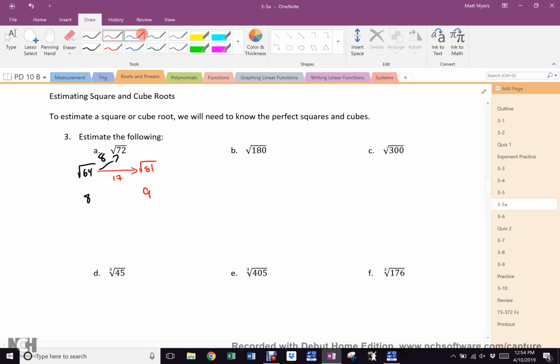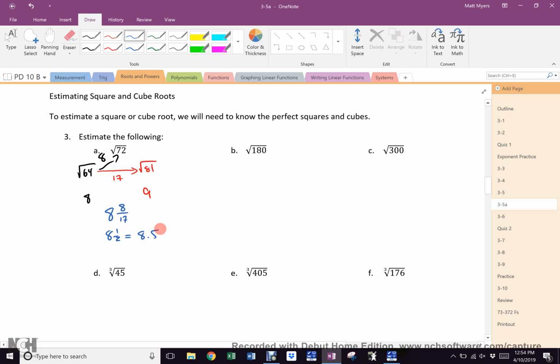So it is 8 and 8/17. Now, what is that fraction really close to? 8.5, right? Which for us on our calculators would be 8.5, right?